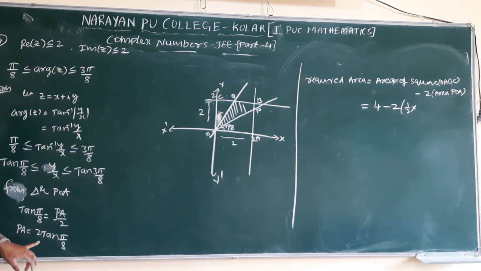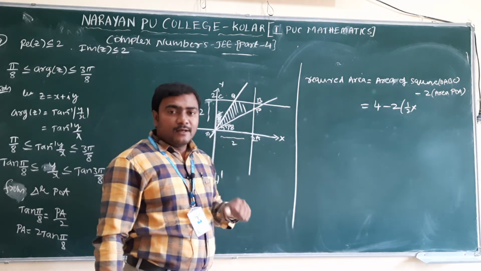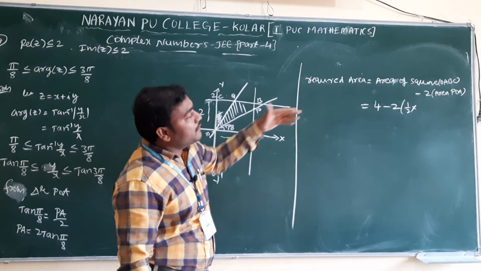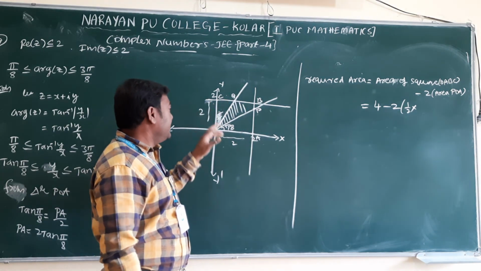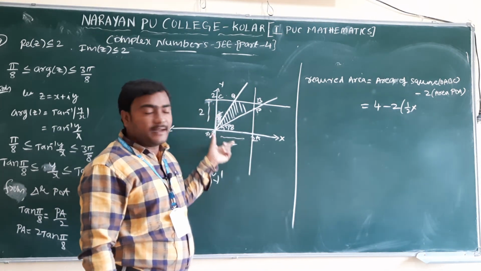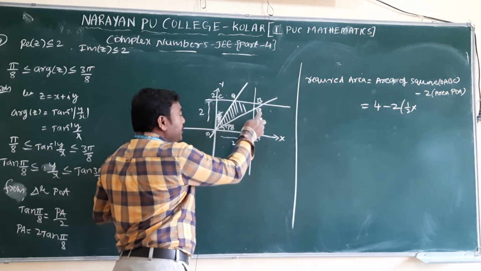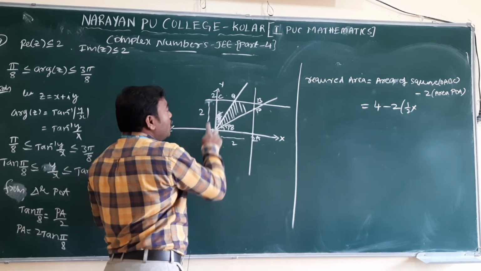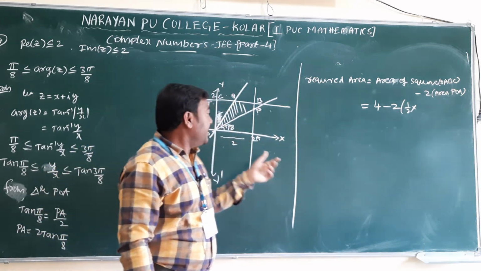So PA is equal to 2 into tan of pi by 8. Then the required area is the area of the square OABC, whose area is 4, minus 2 into the area of POA. The area of POA is equal to the area of QOC. Both are the same, so we have to take 2 times the area of POA.